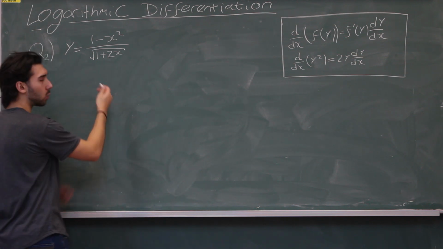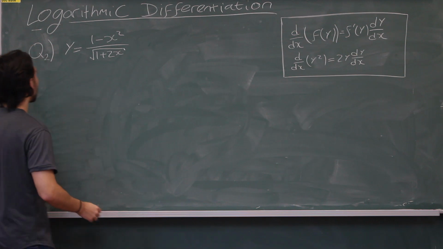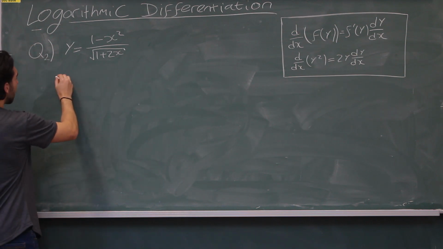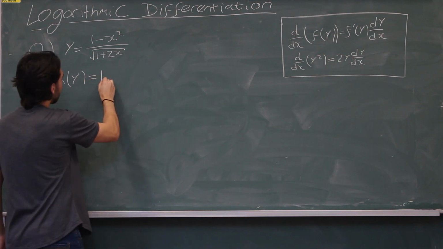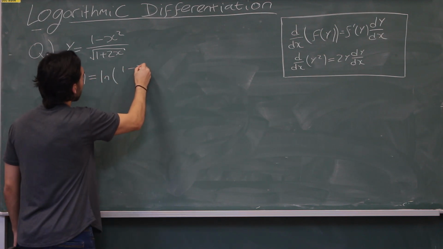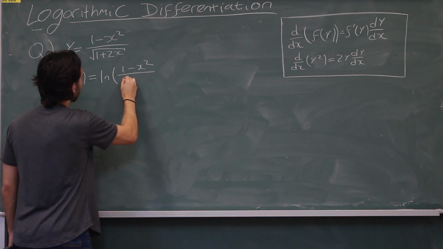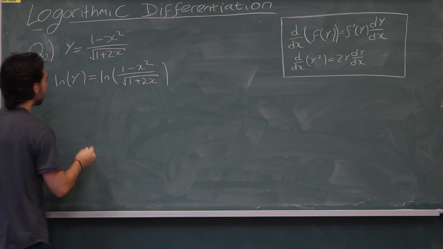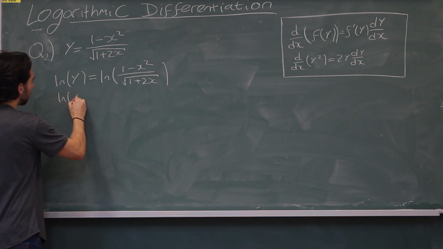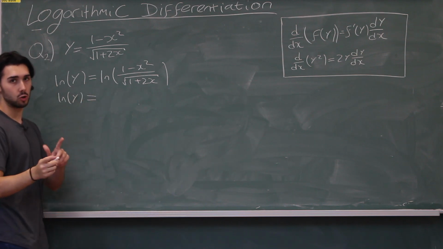The question is find dy/dx, of course. So I'm going to take logarithms on both sides. So the natural log of y is the natural log of 1 minus x squared over the square root of 1 plus 2x, like this. And then I'm going to use rules of logarithms to rewrite this as the difference between two logarithms.